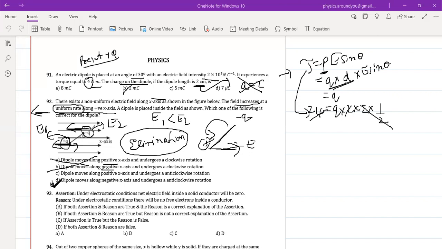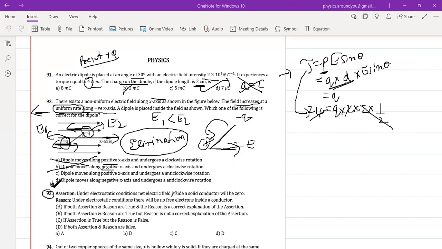So the net force acting on a dipole will be in the same direction as the force experienced by minus q, which is towards the negative direction, because we know all charges experience force in the opposite direction of the field. The field is positive, so the force should be in the opposite direction. That's 92.